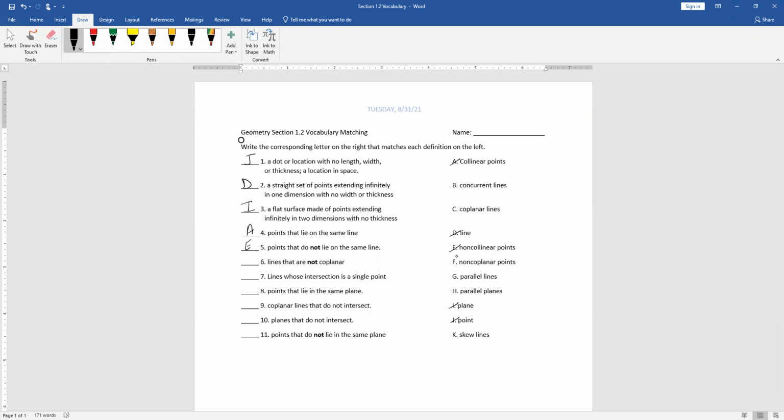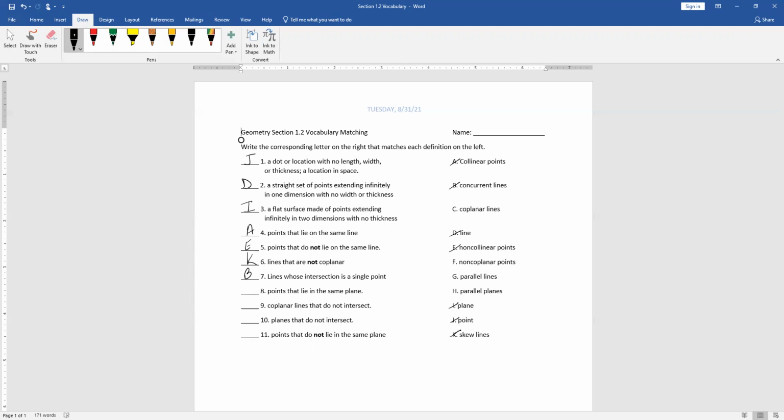Okay, lines that are not coplanar are skew lines. Again, go back to those definitions on page 8. A skew line is a line that is not coplanar. Now, lines whose intersection is a single point are what we call concurrent lines. They exist in the same point in space at the same time.